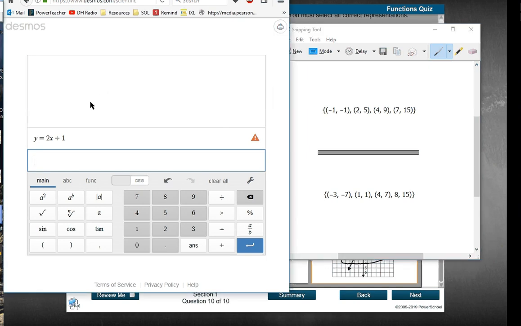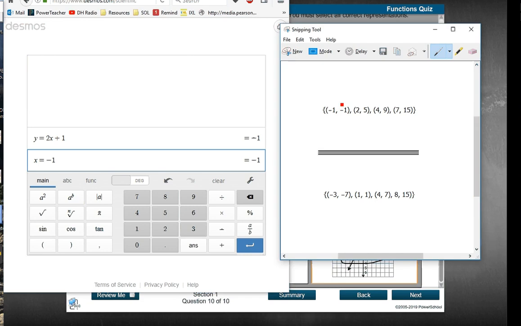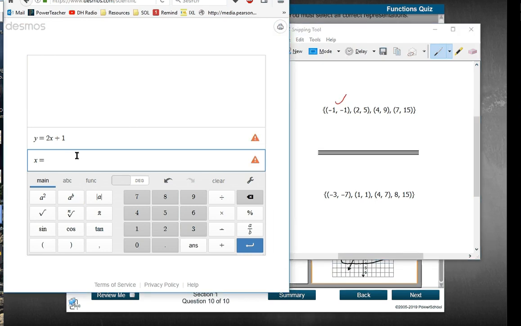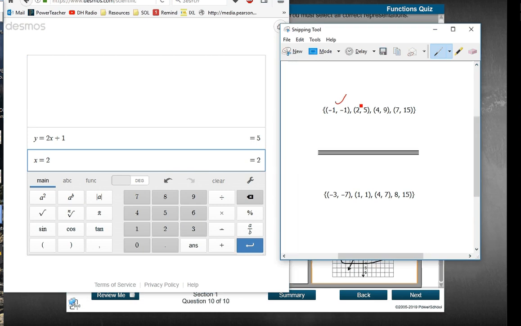If I start plugging these in, what should our output value be when x equals -1? Okay, -1 works, so we can put a check mark on that one. Now, what's our y value when x equals 2? Our output is 5. Okay, so that one works.